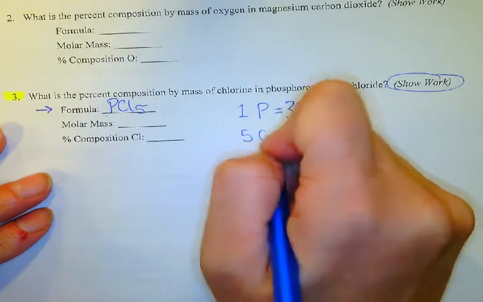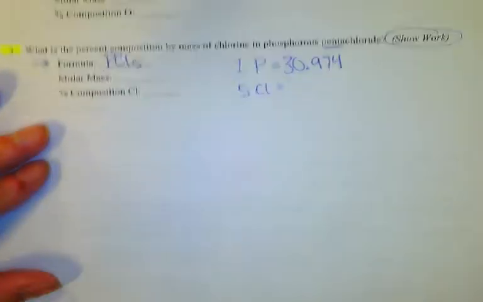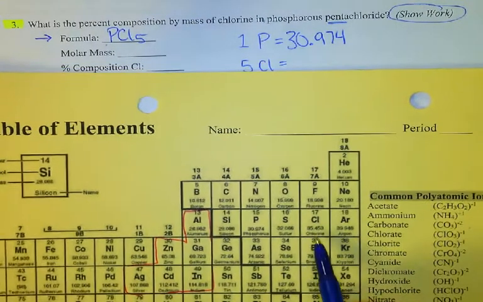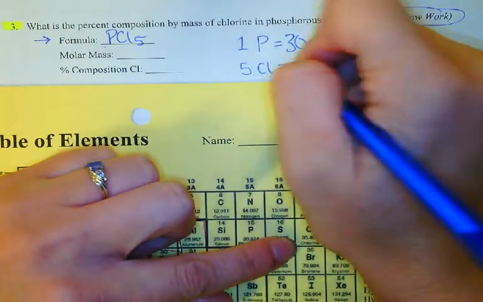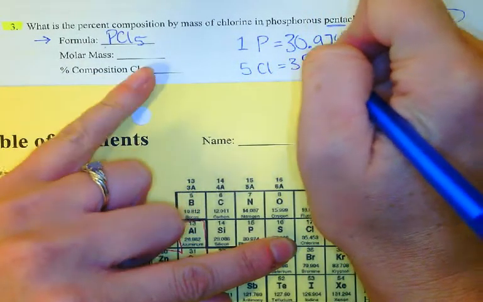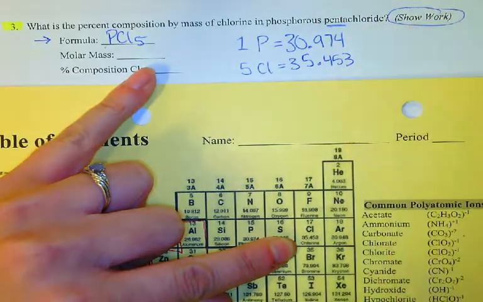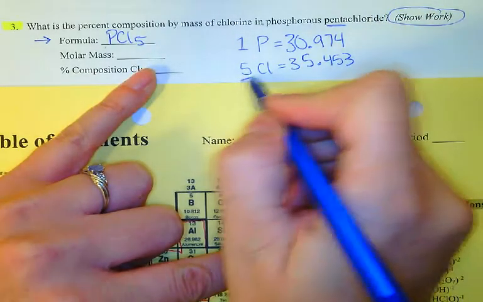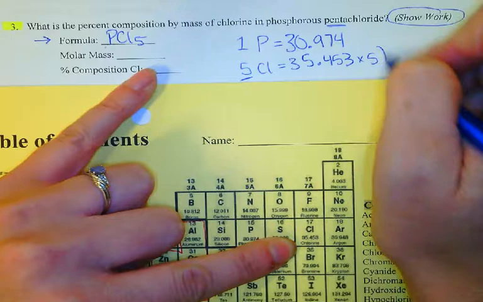And then I have 5 chlorines, pentachloride. On my periodic table, chlorine weighs 35.453. That's the mass of 1 chlorine. If I want to have 5 chlorines, I'd say times 5 equals.